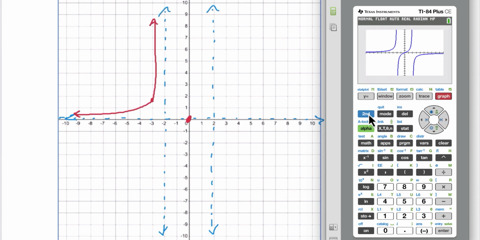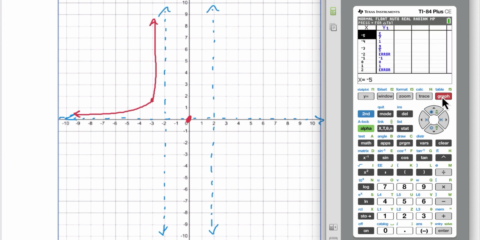An alternate way to do this is to go to the table. We can hit second table and get some points. Look for any points that might be easy to plot, like -1, -1 we know is there, and 1, 1 as well. That will give us that middle section.